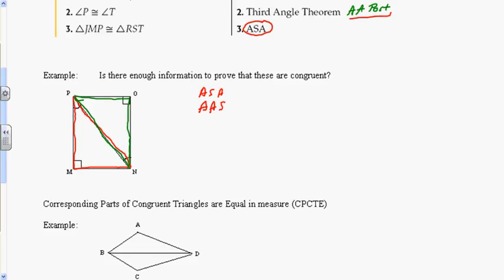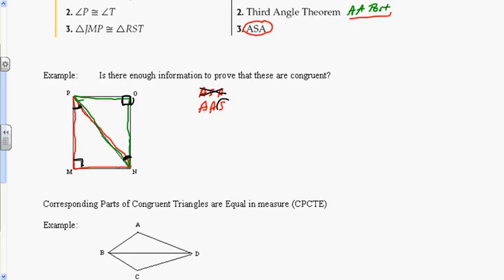I tell you that this angle equals this angle. This one's 90 and so is this, so you have two angles equal in measure. So you have to either have the included side, which would be this one or this one, but we have no way of proving that they're equal in measure. So this one won't work for us.